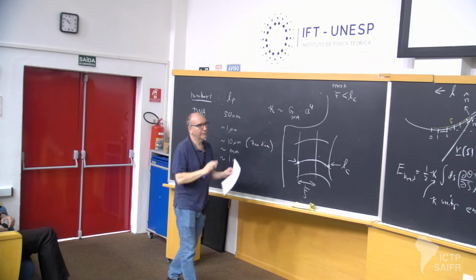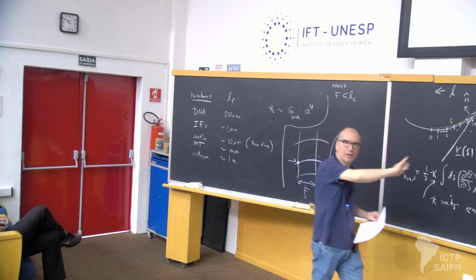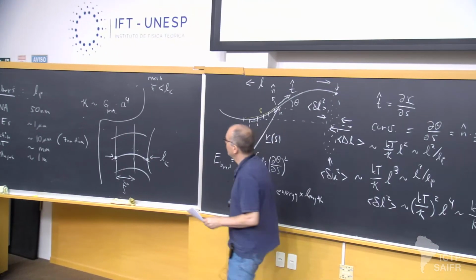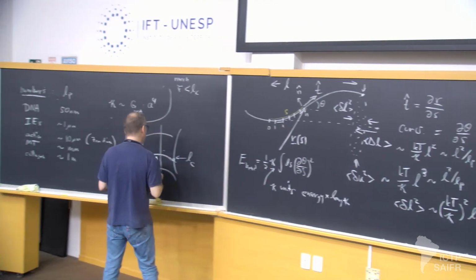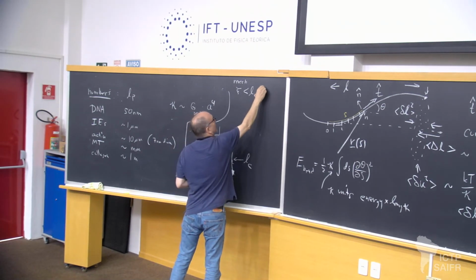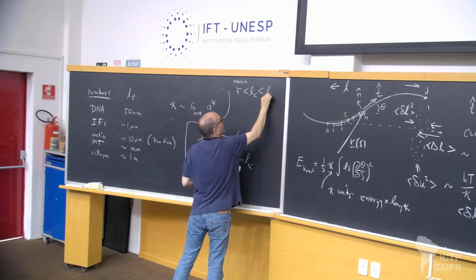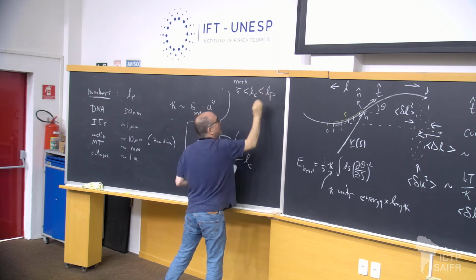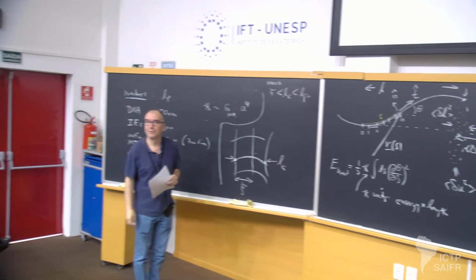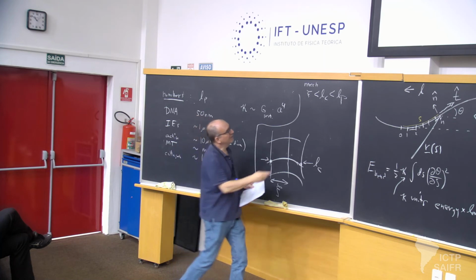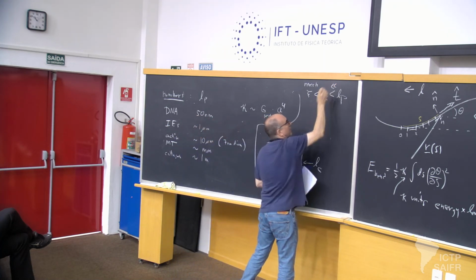Now, the relevant regime for the kinds of networks I've been telling you about is where that length is typically small, sometimes much smaller than the persistence length. So this could easily be much smaller in many cases.